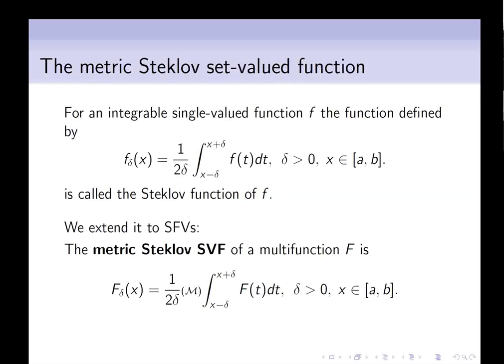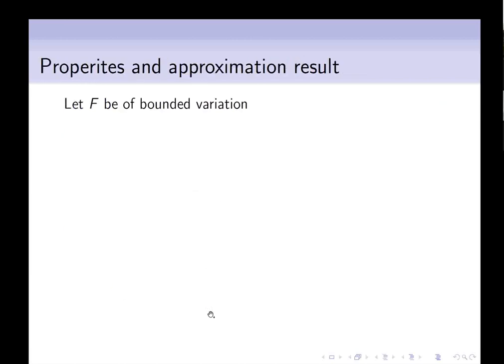And now we want to use it again to approximate set-valued functions. We consider a non-continuous set-valued function, and we define the set-valued Steklov function, which is also called metric. This is the definition of the Steklov function in the single-valued case, and we extend it by using our metric integral, thus obtaining a metric Steklov set-valued function.